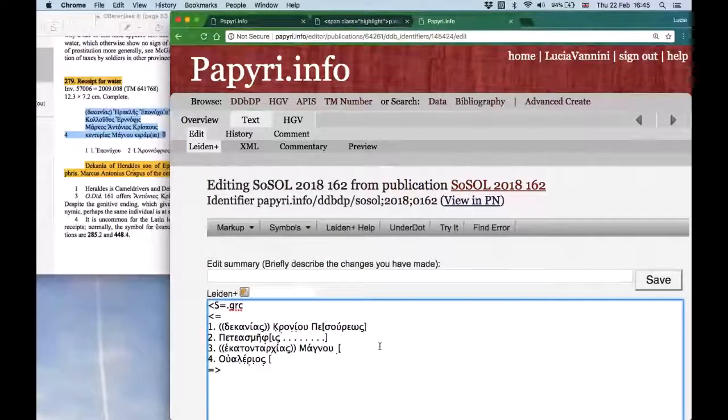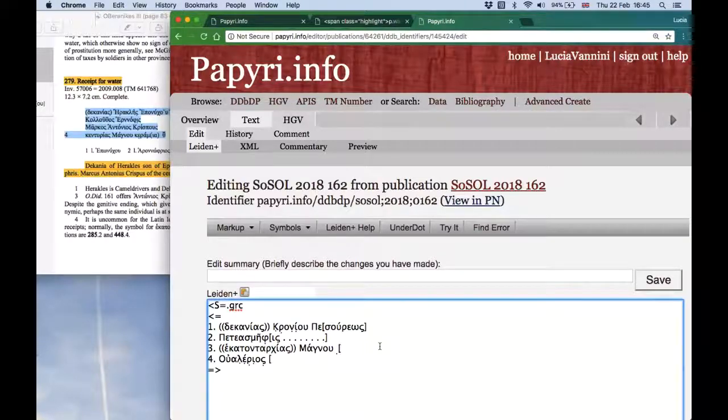And in papyrological practice, to transcribe a lost line end, we can just open a square bracket followed by a blank. We don't need to close the parentheses if we don't know the extension of the lacuna, as happens at lines 3 and 4. Instead, in Leiden Plus, we need to close properly all the brackets.